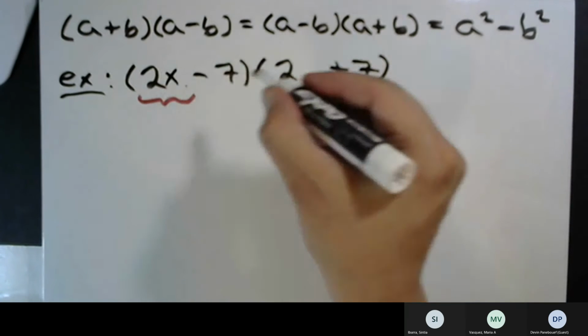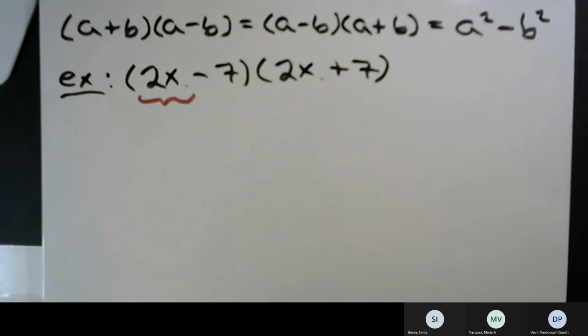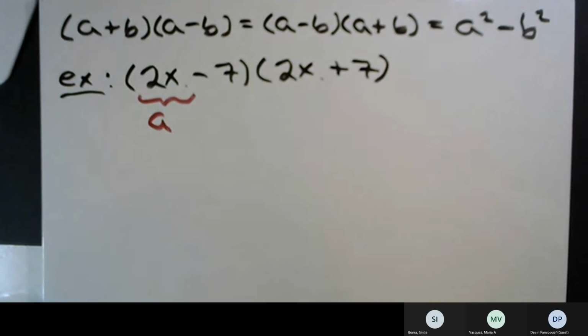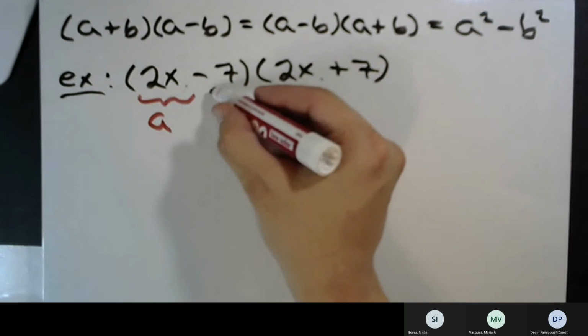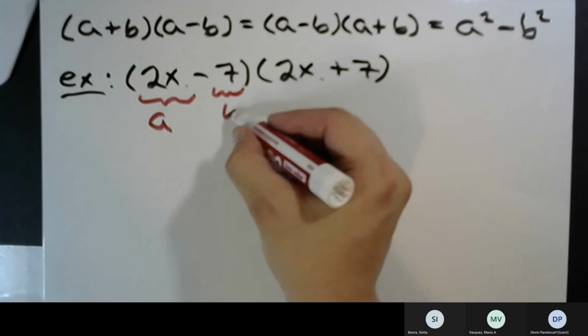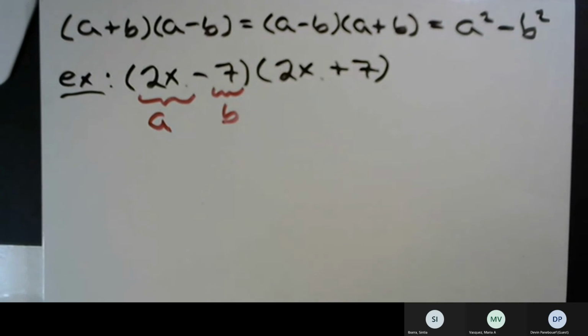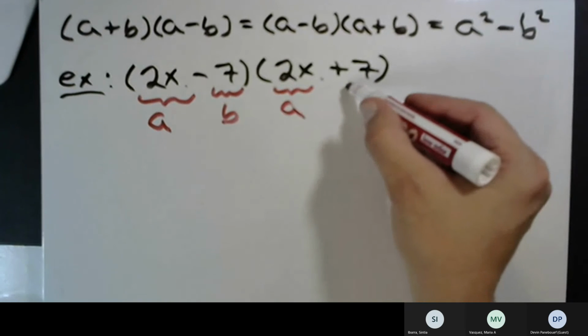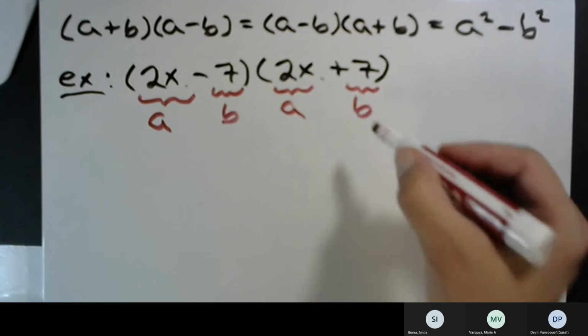I'll call this X. So this is A. Now this one, you got to be a little careful. For this one, we don't bring in the sign. So the minus sign doesn't go with the 7 when using this formula.